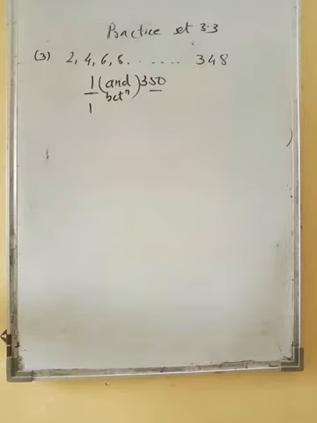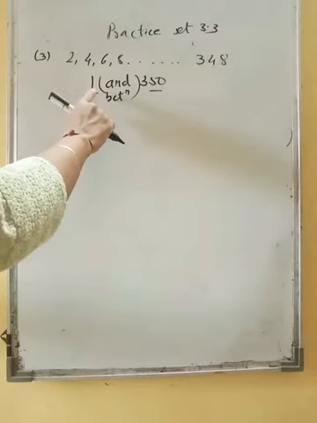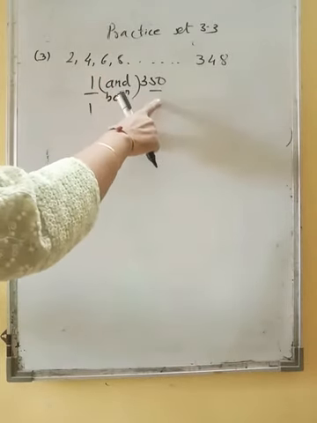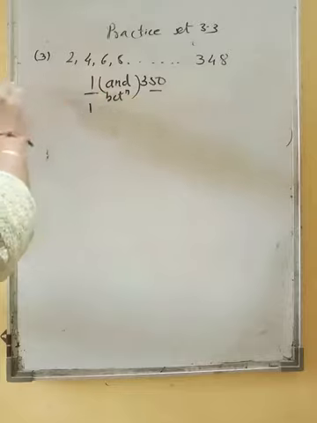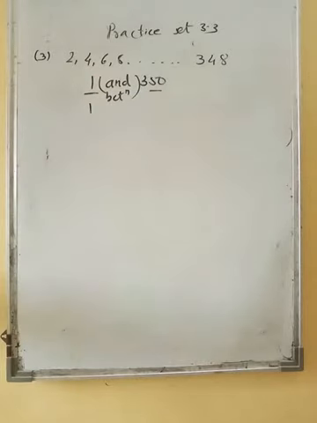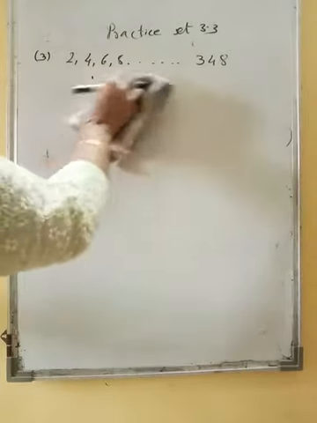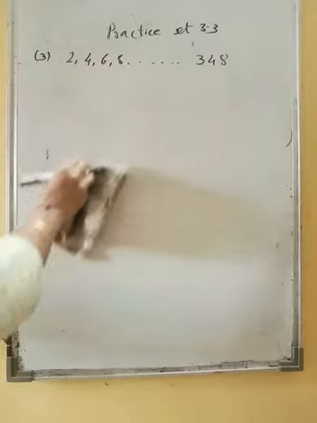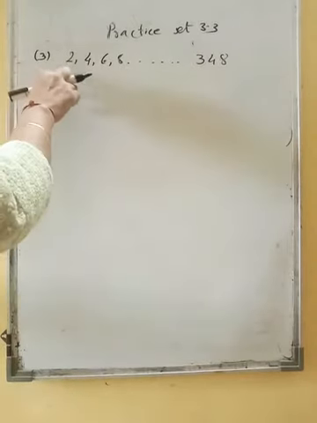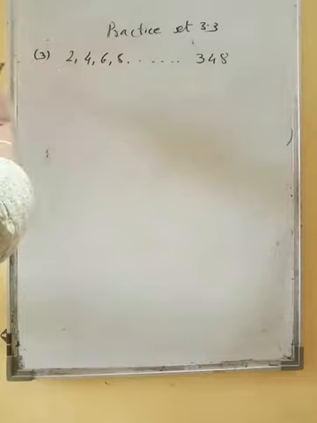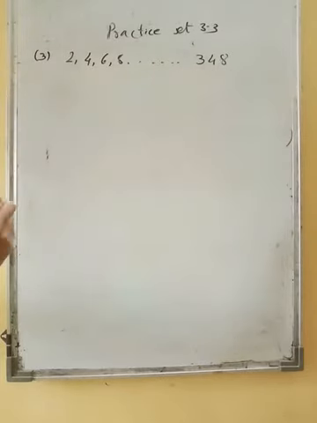We don't say Borivali and Bhayandar. In a similar manner, when we say between 1 and 350, obviously we are going to exclude 1 and 350. 1 as it is is an odd number, so we will start with 2. There is no question about that, but here the last term will be 348.